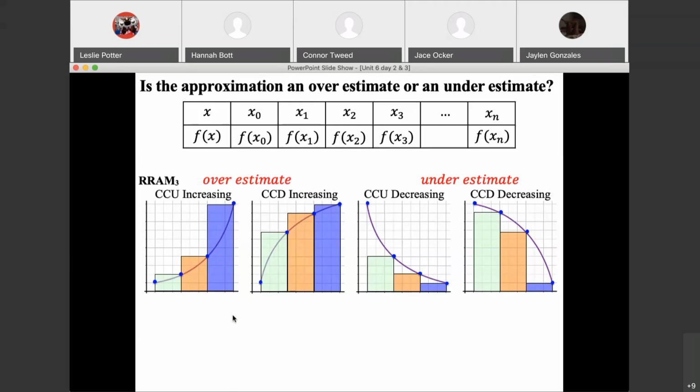Okay, so I mentioned it. We don't use the first point, but we're going to use the same notation. So the same notation holds true. If you have that notation drawn on the first one, it holds true for all the other ones. And so my RRAM is going to be this delta X times F of 1.